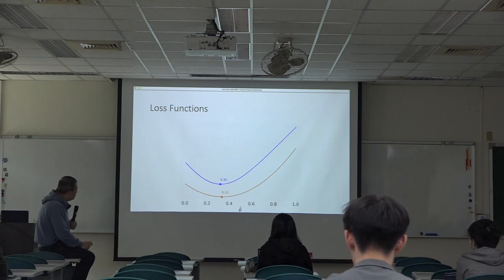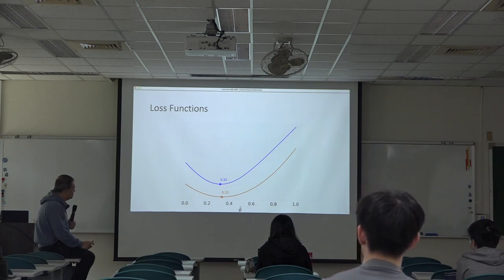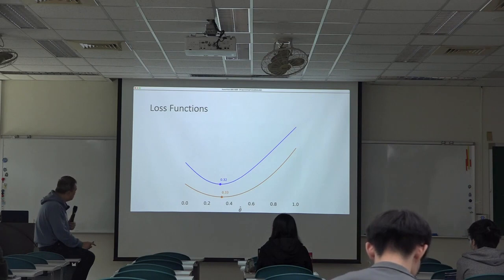So you can see that different loss functions will have different theta hat at the minimum place.